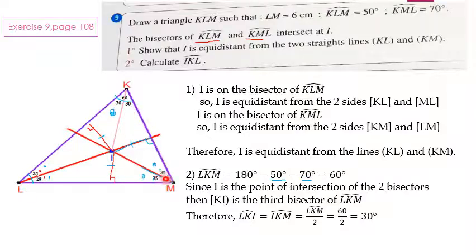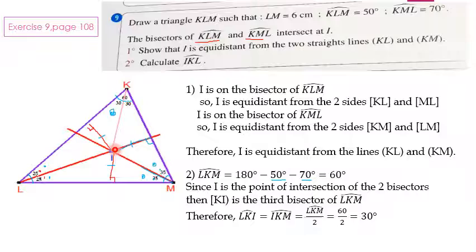Here in the triangle, MI is the bisector of angle KML and LI is the bisector of KLM. These two bisectors intersect at point I. This means that if I join I to K, IK is the third bisector of the triangle.